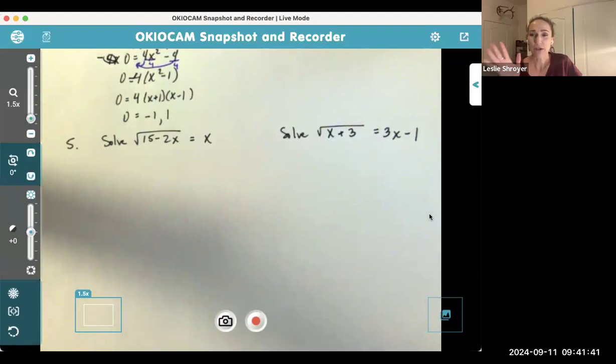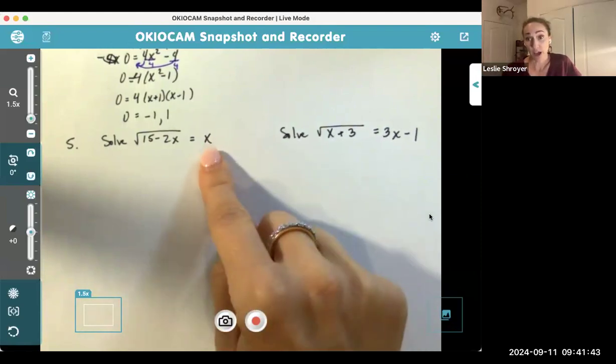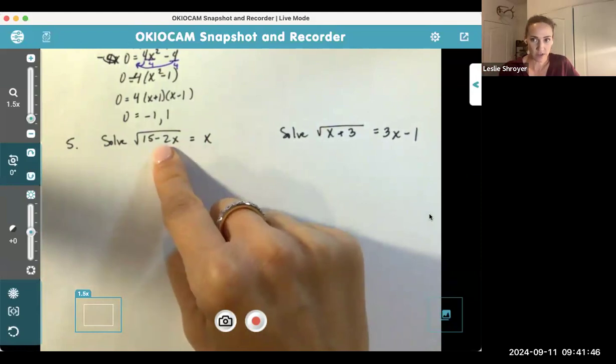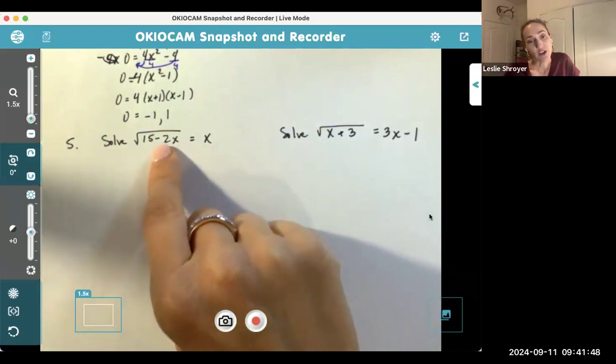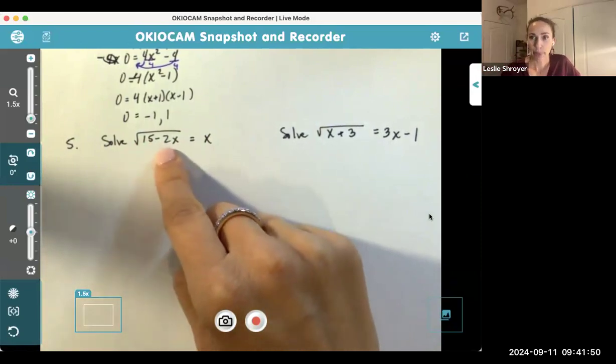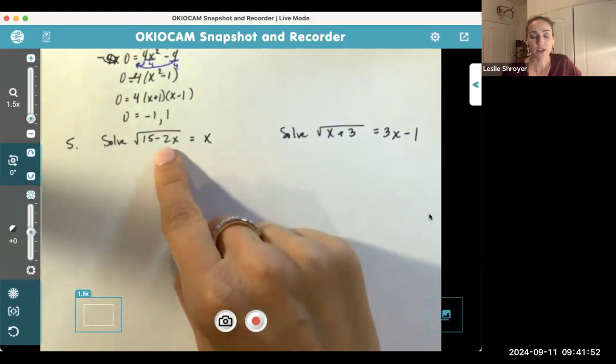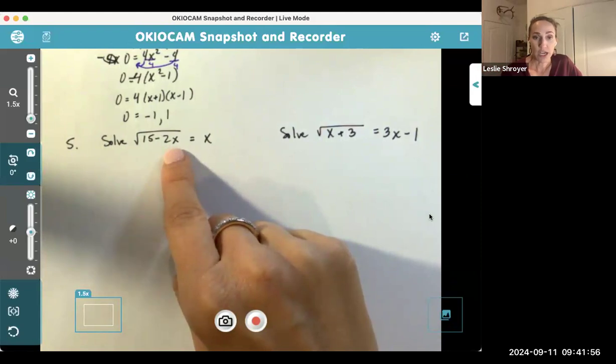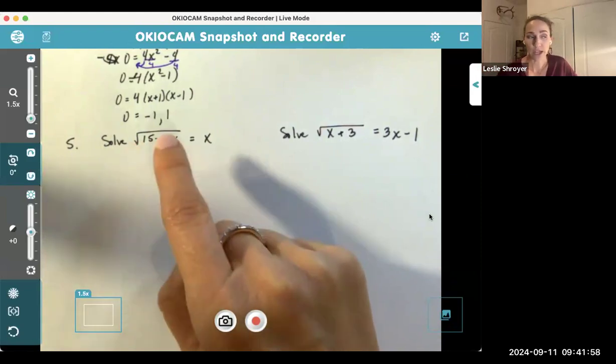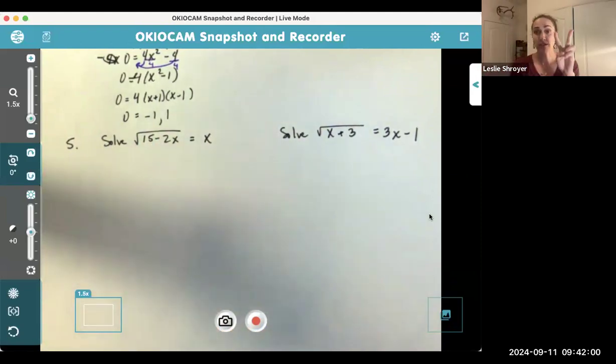Exactly. So this is not what we have. We do have an x by itself, but it's not equal to just some number. It's equal to a square root with another x, which is no good, right? So we need to get rid of the square root so that we can at least get the two x's to become a single x somehow.